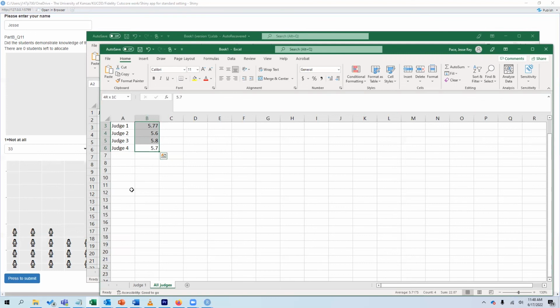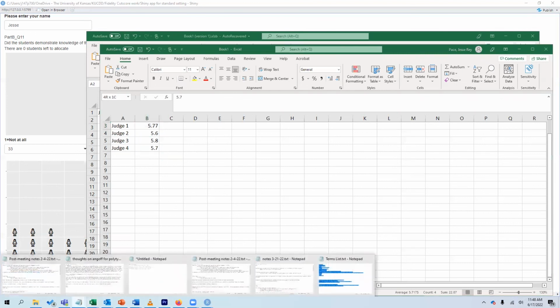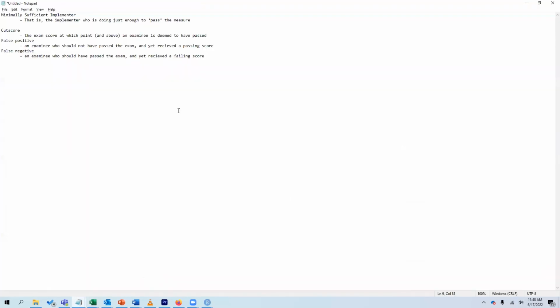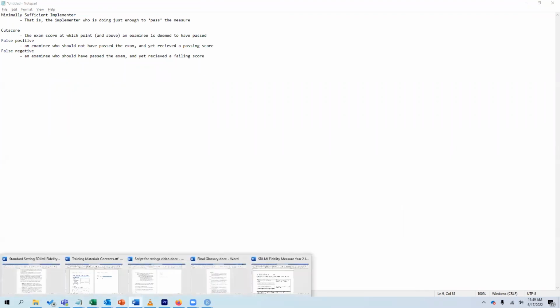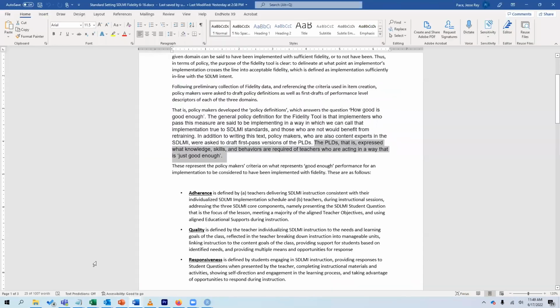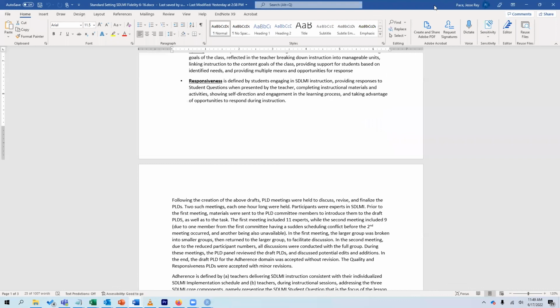So just to give you a recap, we're going to keep these things in mind: minimally sufficient implementers, cut scores, false positives and false negatives. And we're also going to keep in mind these performance level descriptors, right? We're going to read these. We're going to use them to visualize the implementer who minimally meets these descriptions.